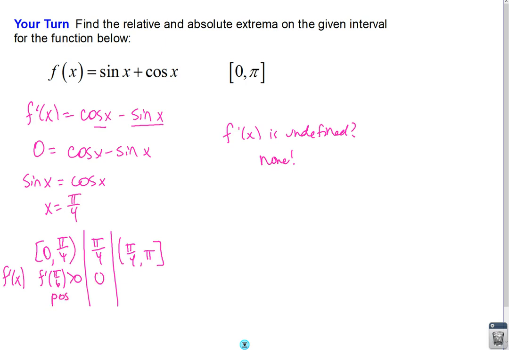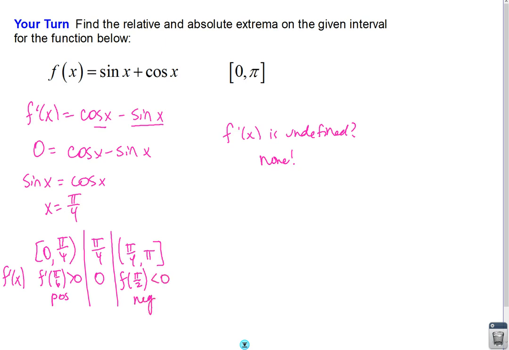F prime of x was equal to 0 at pi over 4. From pi over 4 to pi, I'll just pick pi over 2. It's pretty easy because cosine of pi over 2 is 0. Sine of pi over 2 is 1, but it's 0 minus 1, so it's negative 1, so this is negative.